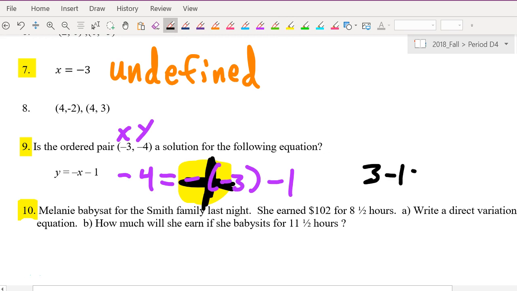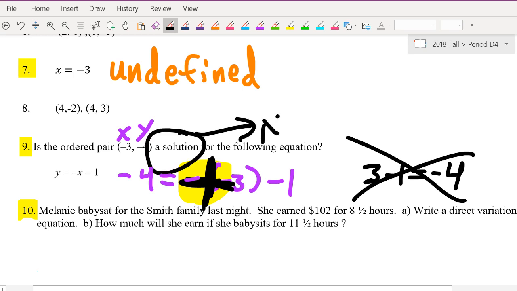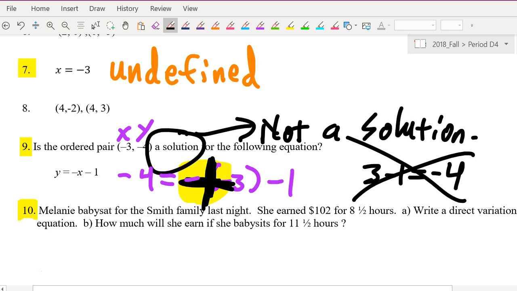Does positive 3 minus 1 equal negative 4? No. Definitely not. So it is not a solution. If it said, I don't know, what would be a solution? 2? Maybe 2. Correct. Negative 3, 2.